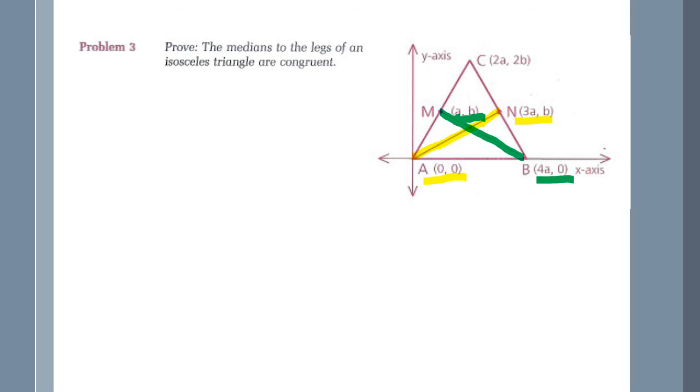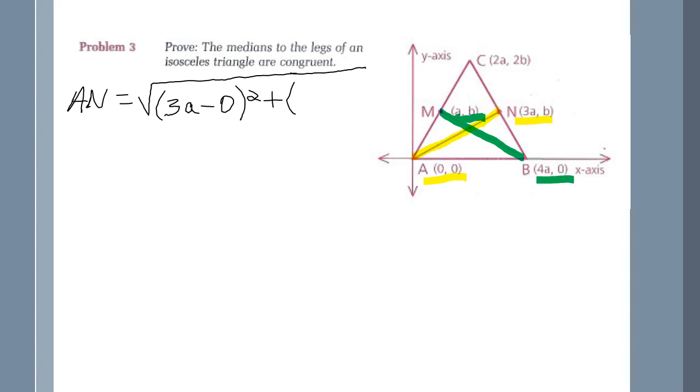So let's do AN first. So AN is equal to the square root of 3a minus 0 squared plus, that's the x values, b minus 0 squared, which is equal to 3a squared.